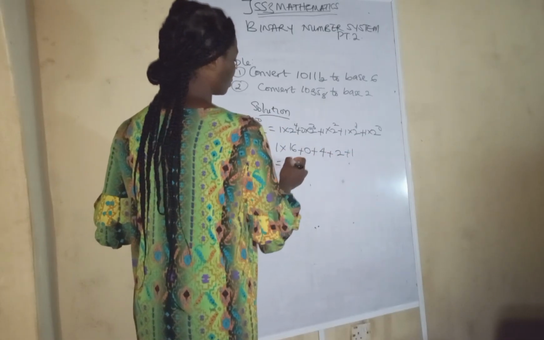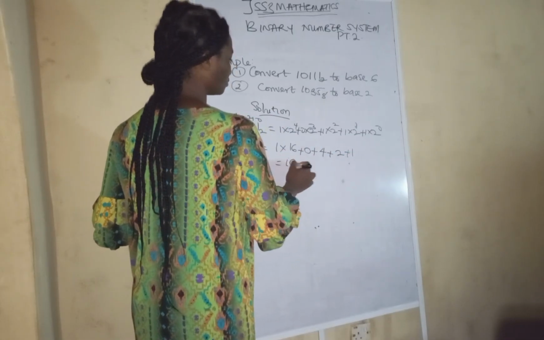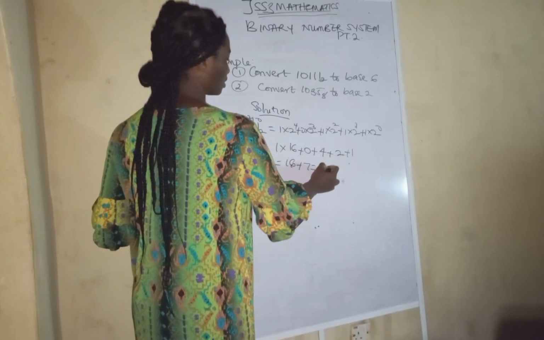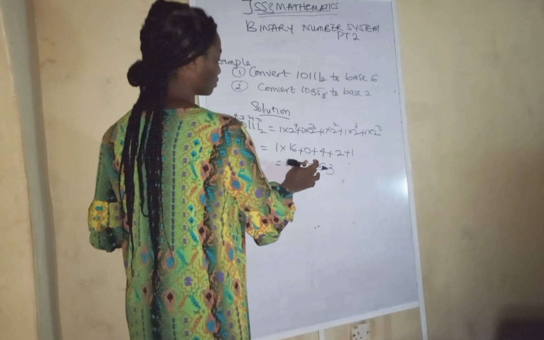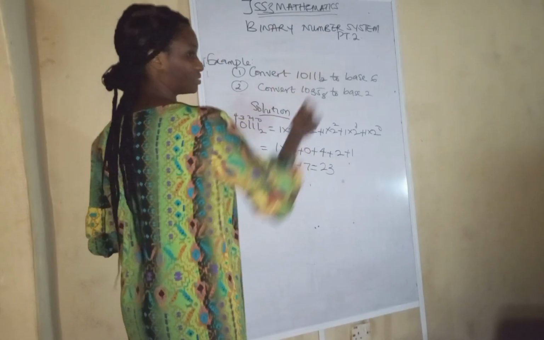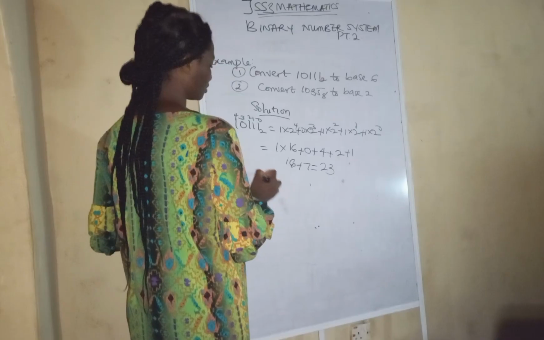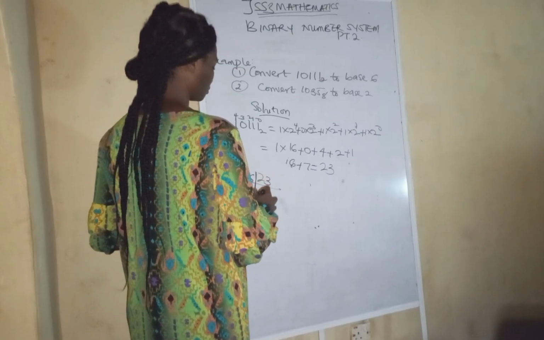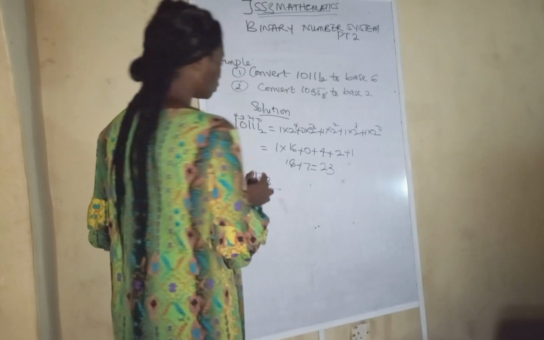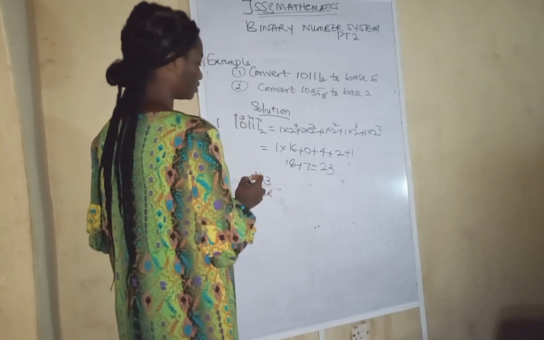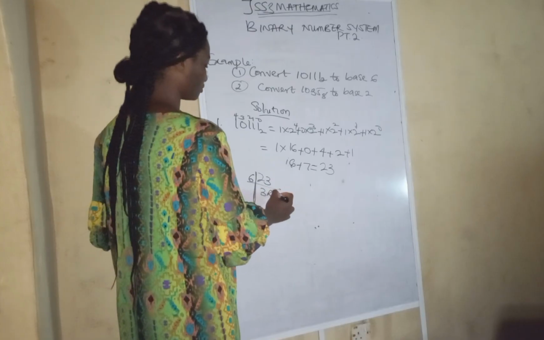So let's calculate. We have 16 plus 4 plus 2 plus 1, so that is 23. You get it now? So we've converted that already. Now we'll divide it by 6. 23 divided by 6 is 3, that is 18, remainder 5.